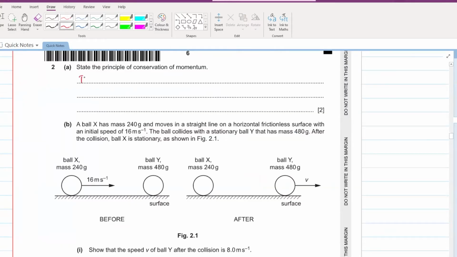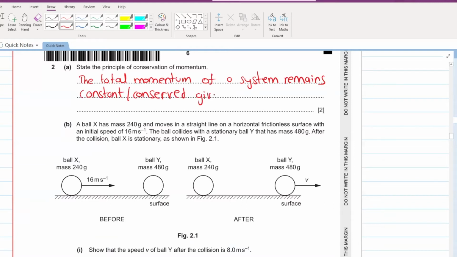You can write: the total momentum of a system remains constant, or is conserved, given that no external force acts on the system. Simple as that.